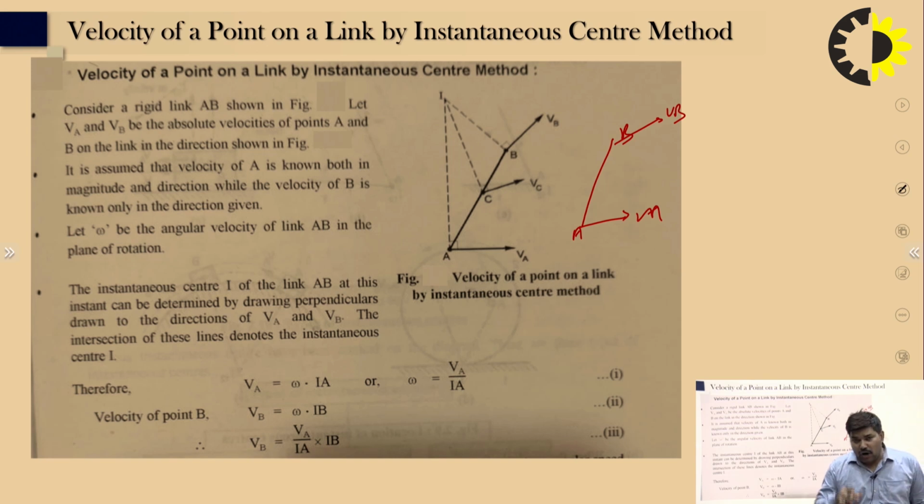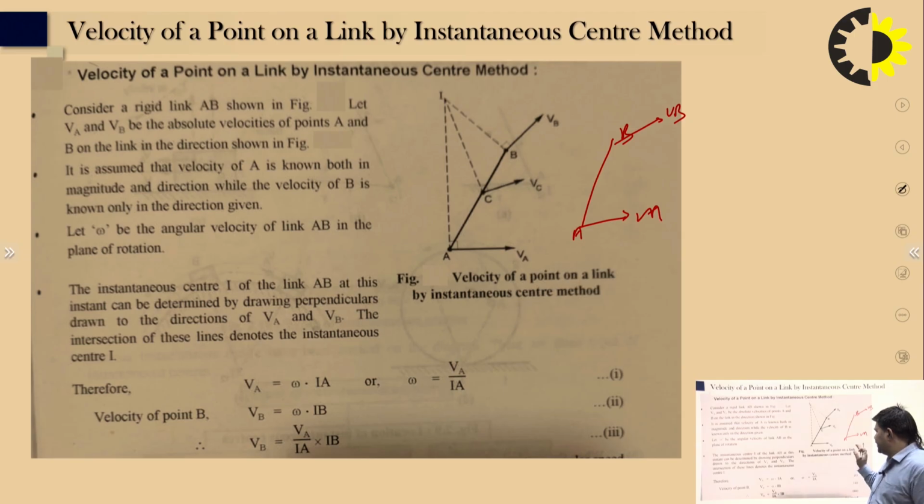So how to find it? In that case, we can use the instantaneous center method or the relative velocity method. Here I am using the instantaneous center method. Let omega be the angular velocity of the link AB in the plane mechanism.